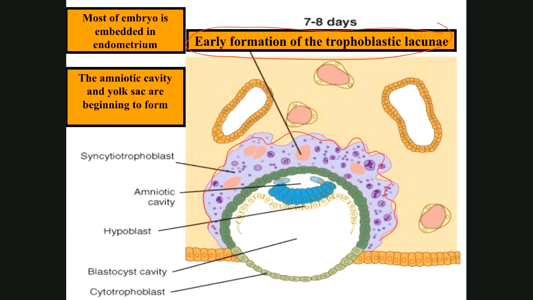It is a highly mitotic structure, and you have the amniotic cavity seen here, and this is the blastocyst cavity, which is forming the primary yolk sac. Let us move on from here.